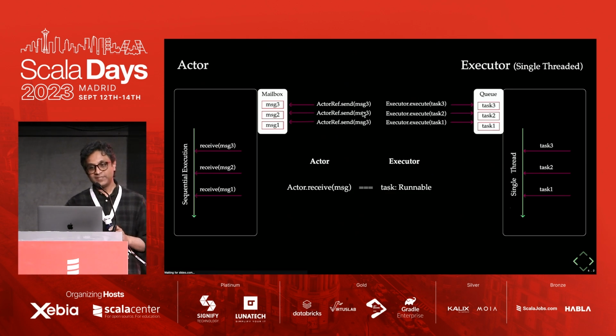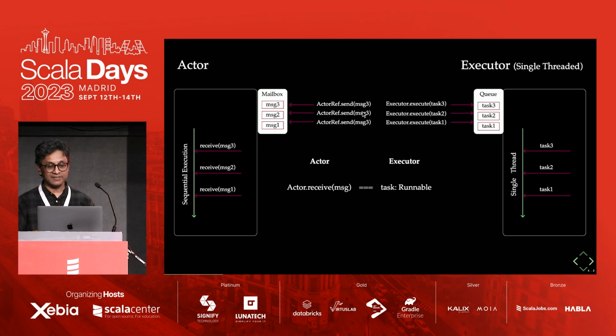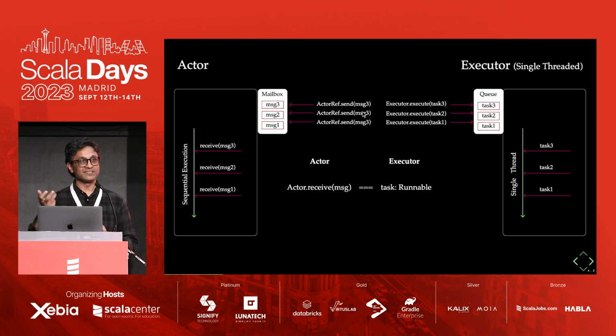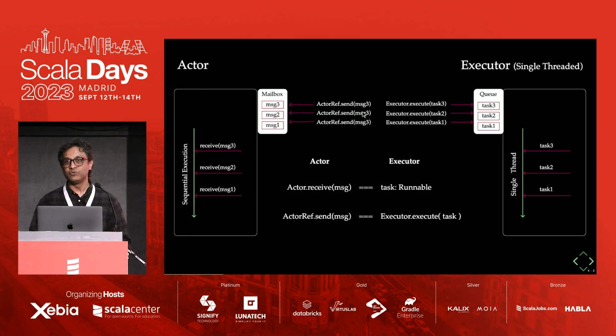So the first observation from this is that actor.receive, when applied to a message, is equivalent to basically creating a task. In the two worlds, right? They are equivalent. Similarly, actor.send is equivalent to executor.execute on a task.